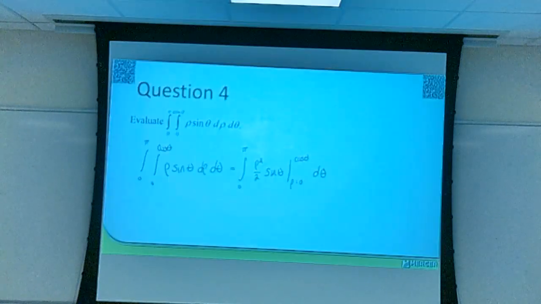Rho squared over 2 times sine theta, right? Good news is 0 squared is 0, so it's just going to be half cosine squared theta sine theta.